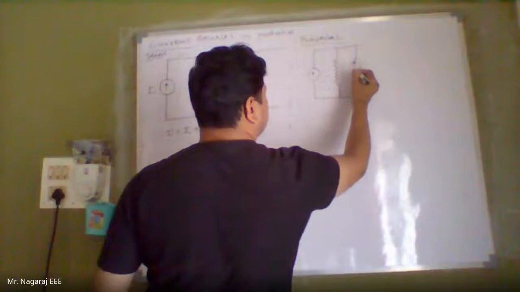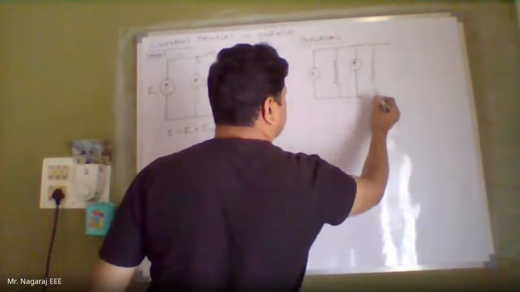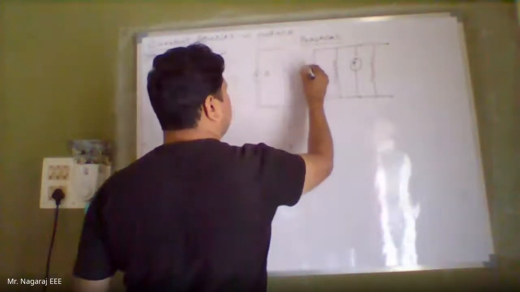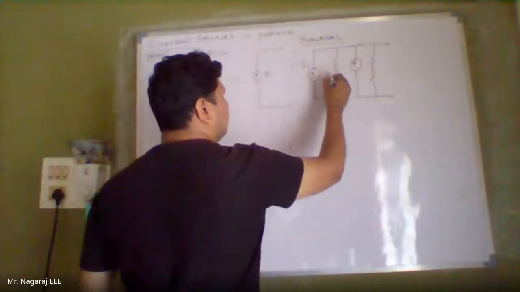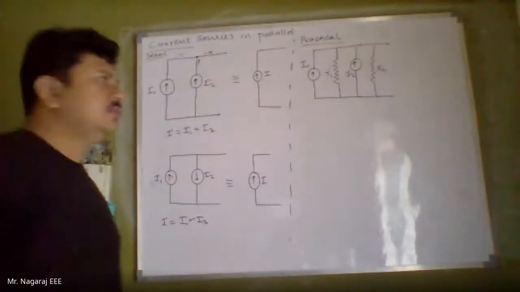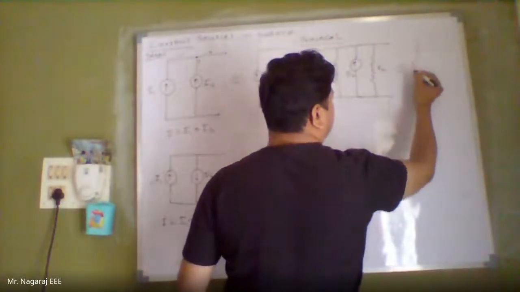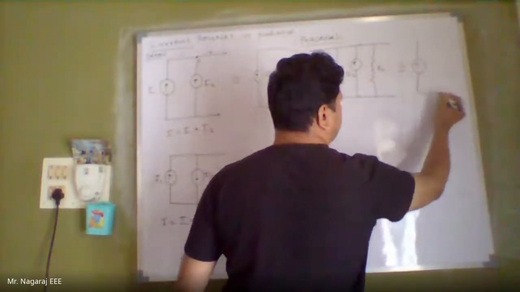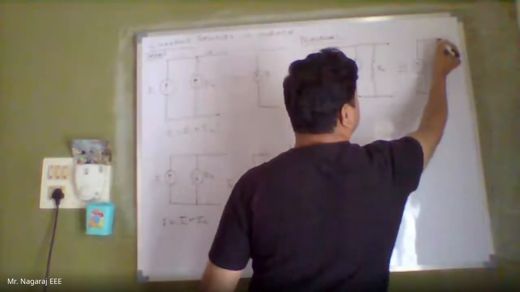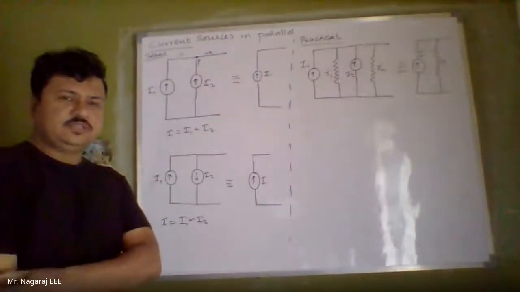Another current source: let this be the source value of I1 amps with R1 ohms of internal resistance, and let this be I2 amps with R2 ohms of internal resistance. Then equivalently, I can write it as a single source with a single resistance.